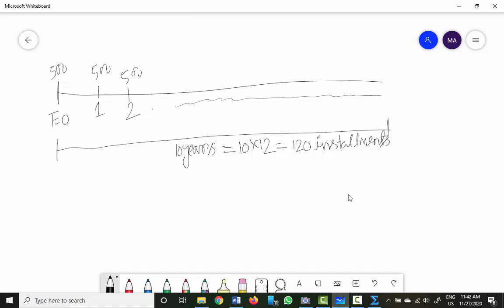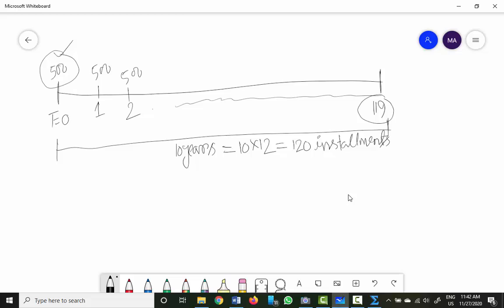But since the annuity is starting from period 0, since the annuity is starting from today, here we will have 119, because 1, 2, 3 and like that, a total of 120 payments, plus the first payment, right?